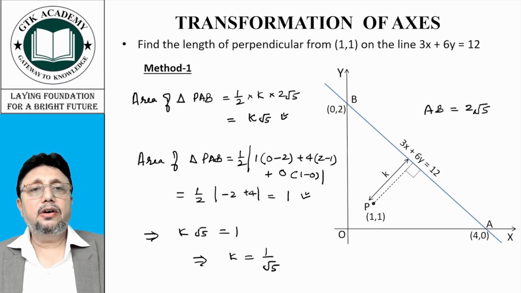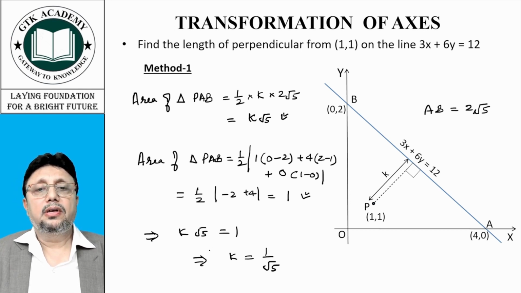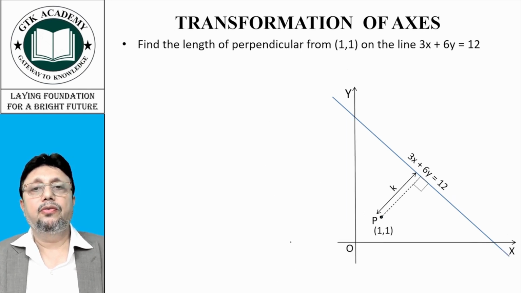So you must have realized that there are at least 4 or 5 steps which are required. Now let's try to apply transformation here in method 2. Just remember that the answer is 1 upon root 5.